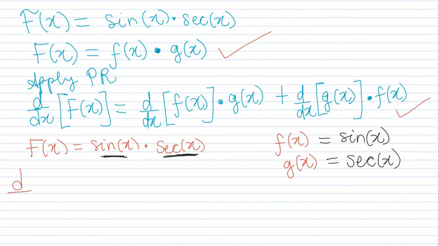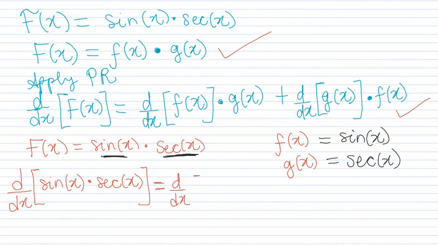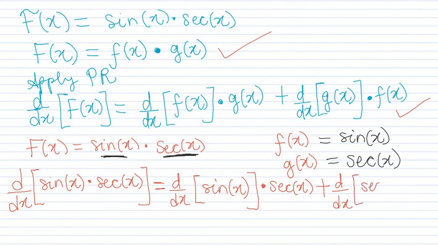So the derivative of sin x secant x equals the derivative of sin x here, multiplied by secant x, plus the derivative of g of x, which is secant x, multiplied by f of x, which is just sin x.